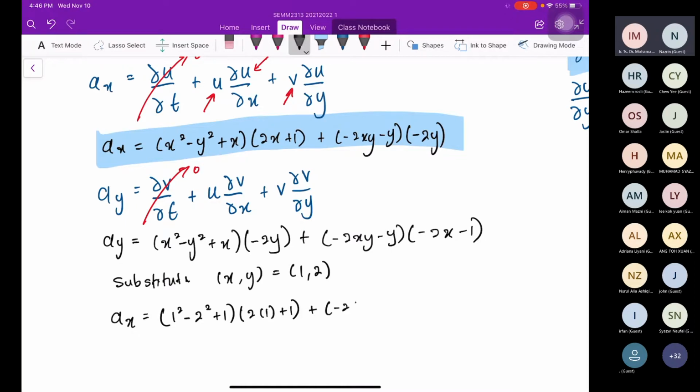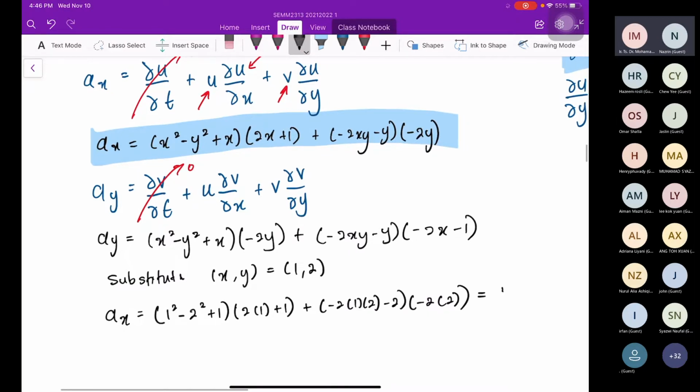Plus negative 2 multiply with 1 multiply with 2 minus 2. And negative 2 multiply with 2. Okay, you will get ax equal to 18 meter per second squared.